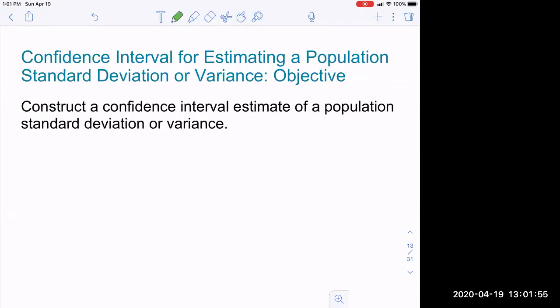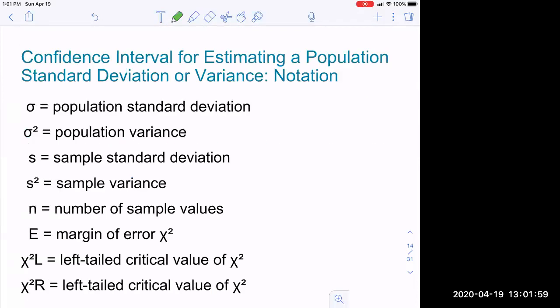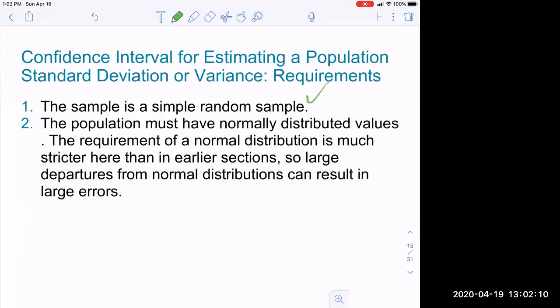Now, I'm not going to do this yet, a little bit more theory. These are everything we're looking for. Our margin of error is this, but we're not going to do it the same way as we did with the other two confidence intervals. It requires a simple random sample, and this is kind of strict: the population has to be normally distributed.